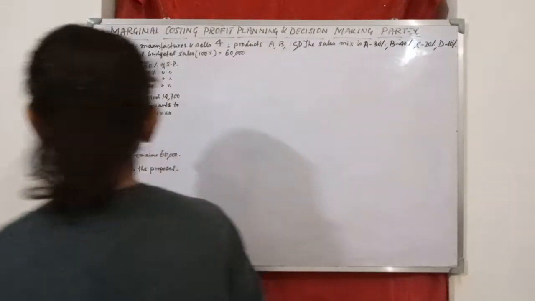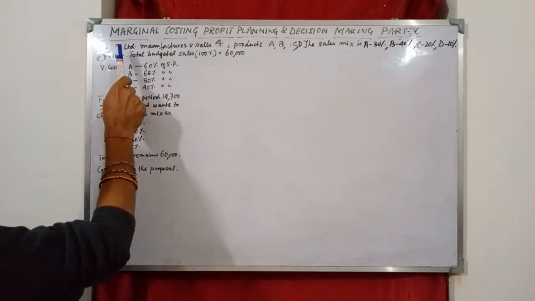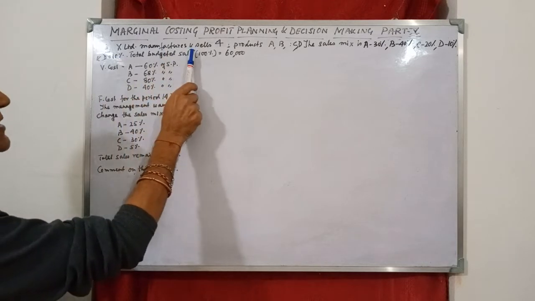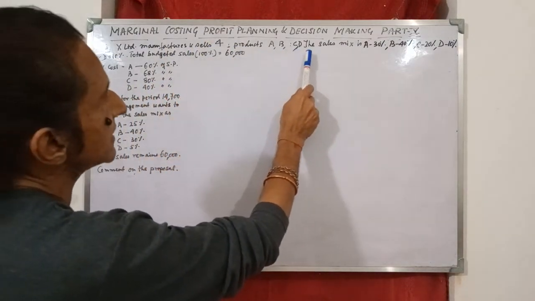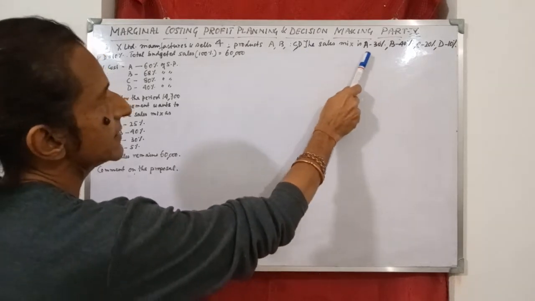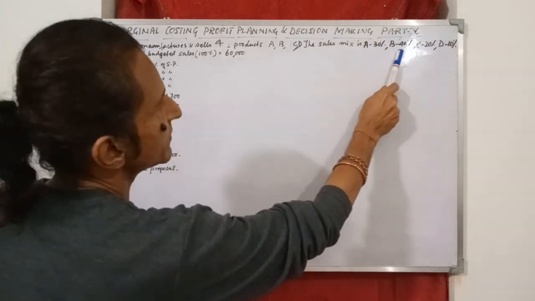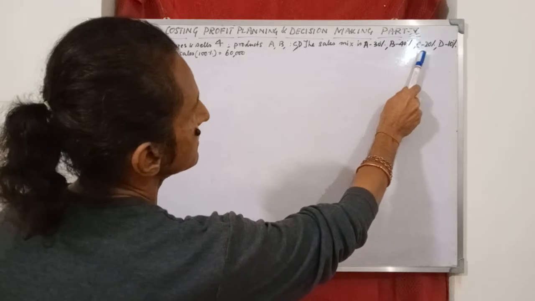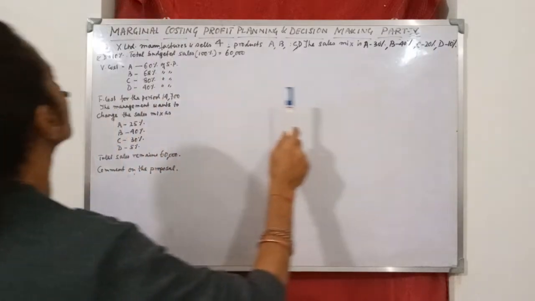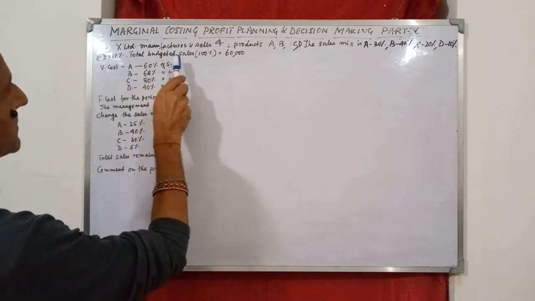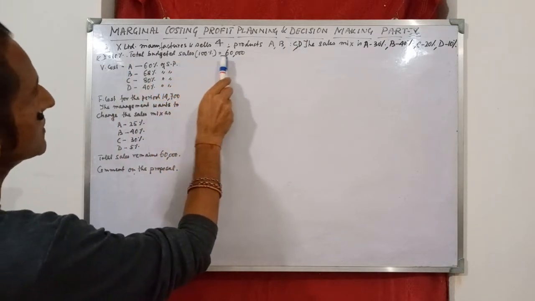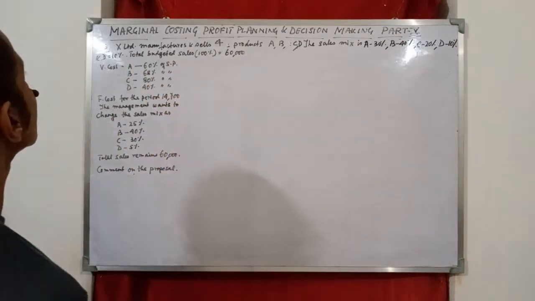What is given? X Limited manufactures and sells 4 products A, B, C, D. The sales mix is like this: A 30%, B 40%, C 20% and D 10%. And total budgeted sales, that is 100% sales, equals 60,000.